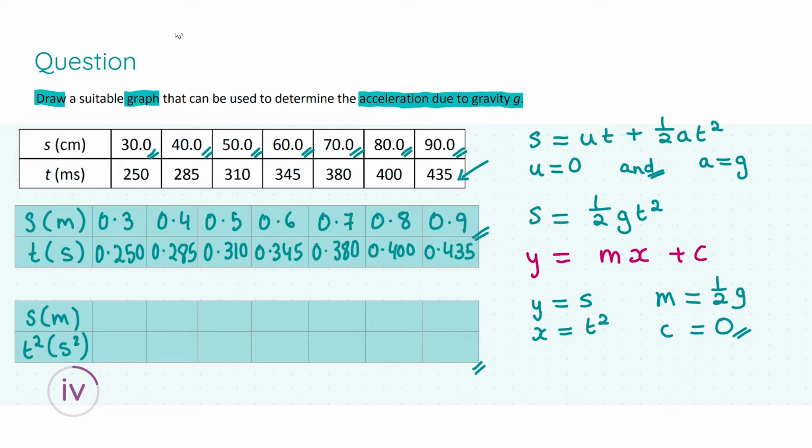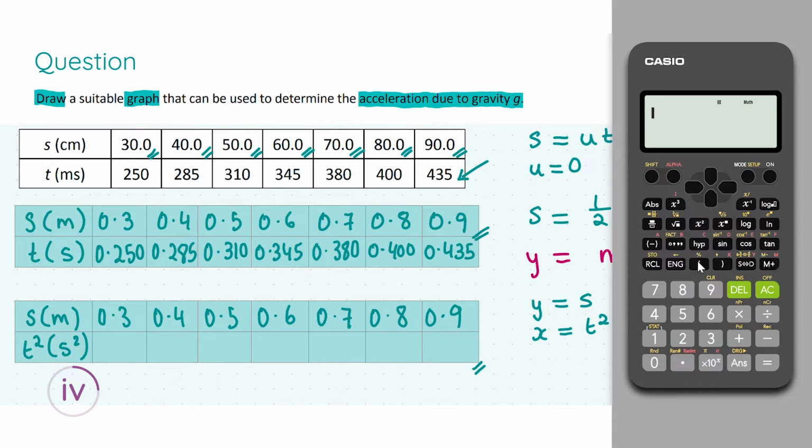Now, a reason why I've drawn the second table is because even though s is in meters, and that's fine, we can leave it like that, we're going to have to convert t into t squared to calculate our x values for the graph. So let's just do an example of that. Taking out our calculator, our first t value is 0.250.